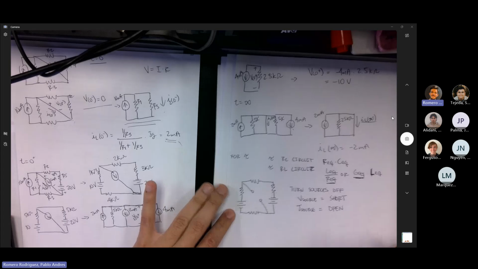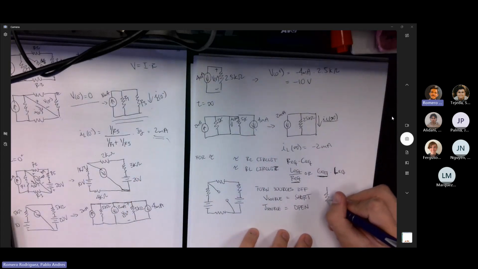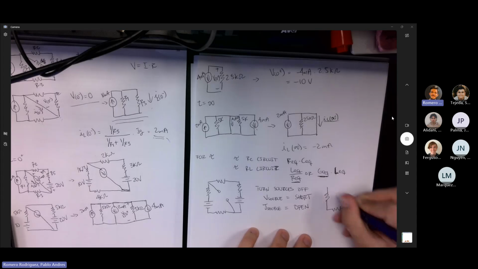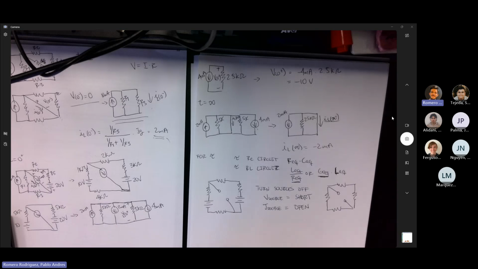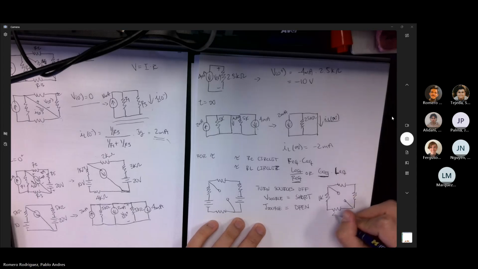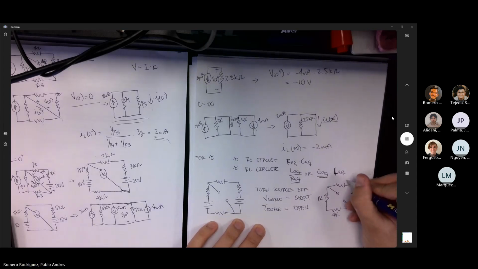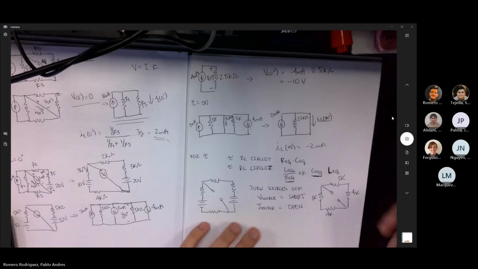So our equivalent resistance is going to be just resistor, resistor, terminal, terminal, and resistor, resistor. All right. So from here, what was this? 1K, 4K, 2K, 4K, 3K.